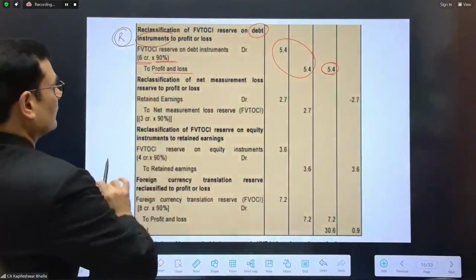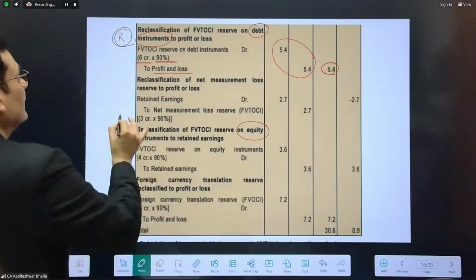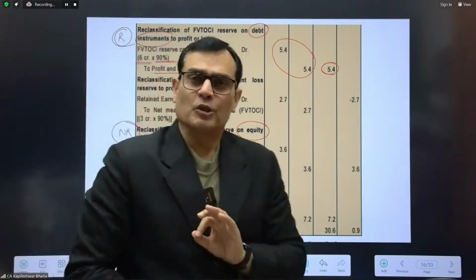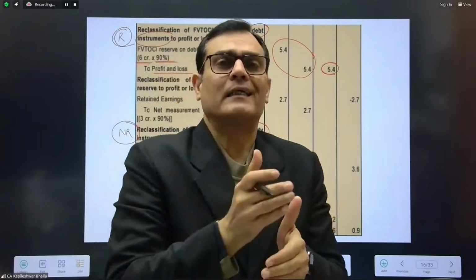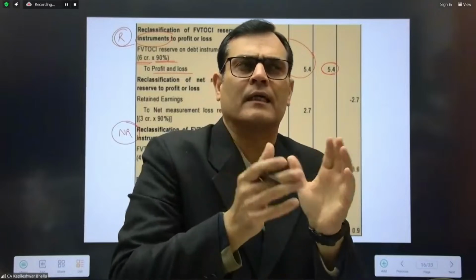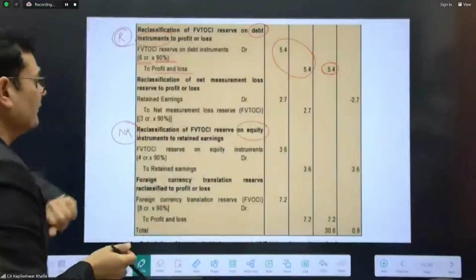Before I go further, let's look at the other one, reclassification of the equity instruments. This is a case of NR. So you'll see in Ind AS 109, a debt instrument is always R, and an equity instrument investment is always NR. NR means you just need to shift it from tab 3 to tab 2, retained earnings.